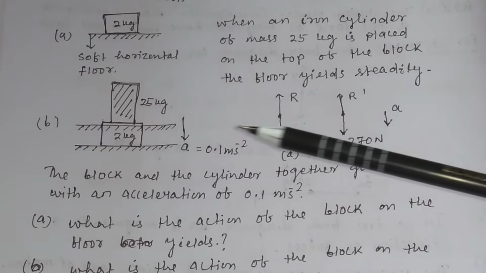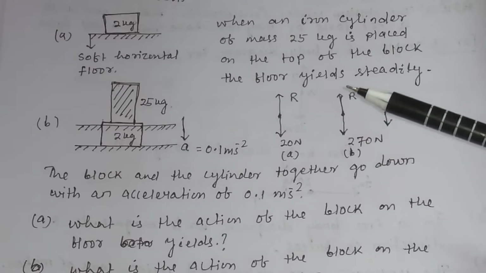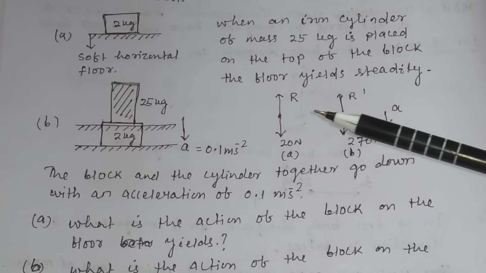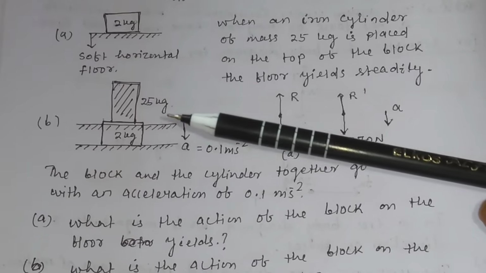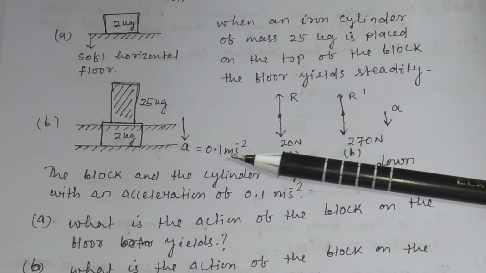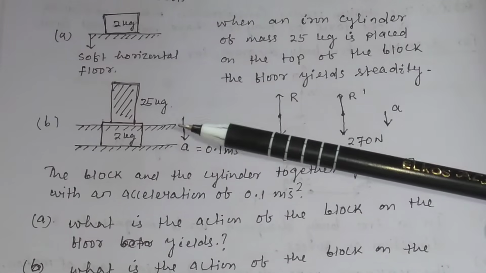So 27 into 10, that is equal to 270 Newton, and the normal reaction here will be equal to R dash. Here the normal reaction is R, but here the normal reaction is R dash, because the system is not at rest, it is accelerating with 0.1 meter per second square. So the floor is coming down.